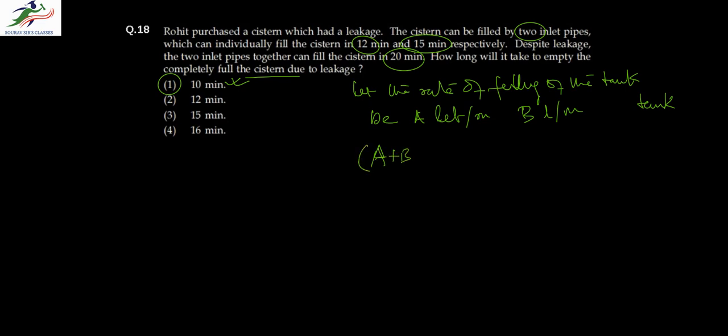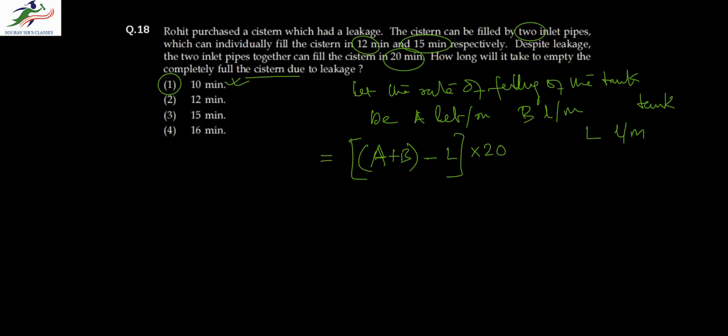So together they will fill A plus B liters in 1 minute, and let the leakage be at the rate of L liters per minute. So in 1 minute, L will remove L amount of water. So the net filling of the tank will be A plus B minus L in 1 minute. So in 20 minutes, this will be into 20. So that is the full volume of the tank.